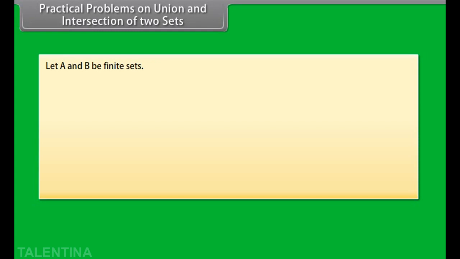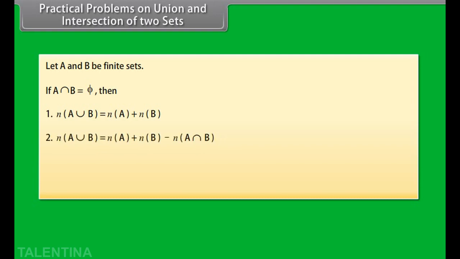Practical problems on union and intersection of two sets. Let A and B be finite sets. If A ∩ B = phi, then n(A ∪ B) = n(A) + n(B). In general, n(A ∪ B) = n(A) + n(B) minus n(A ∩ B).